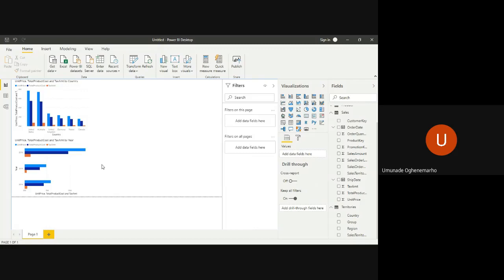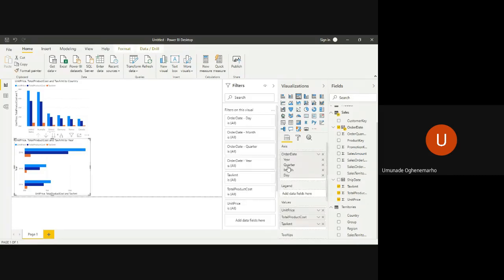Now, let's talk about how a drill through works. A drill through works when your categorical value has multiple levels. So let's look at that here. For example, order date has multiple levels embedded within it because it is a date time value.